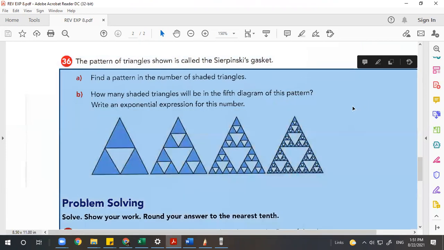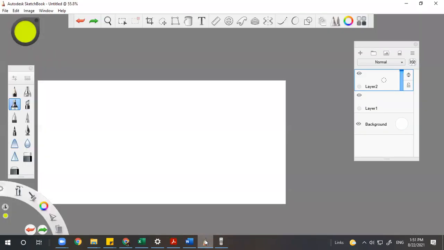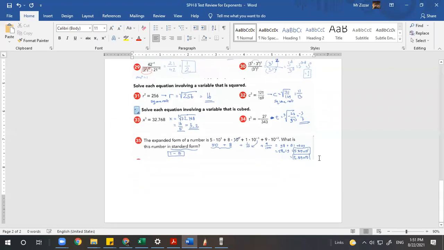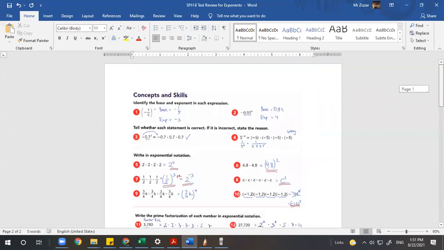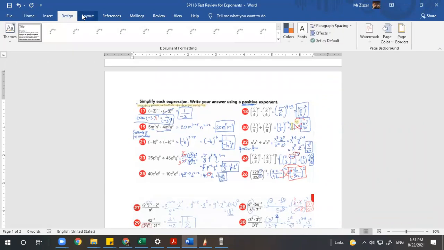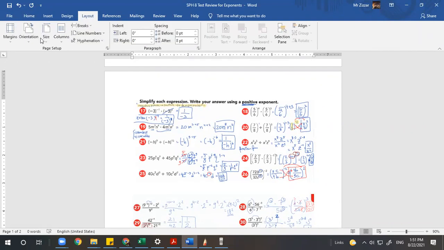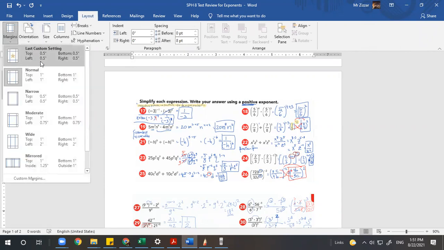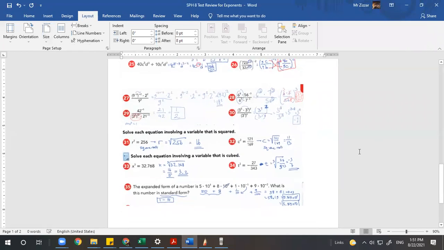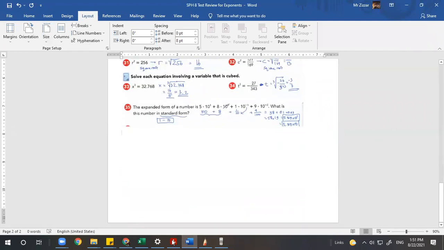Yeah, there you go. Now we deal with number 36. It's 2 pages already. Wait, I have to change the layout. 2 more numbers. I think we still have so much time, 10 more minutes. A4. There you go.